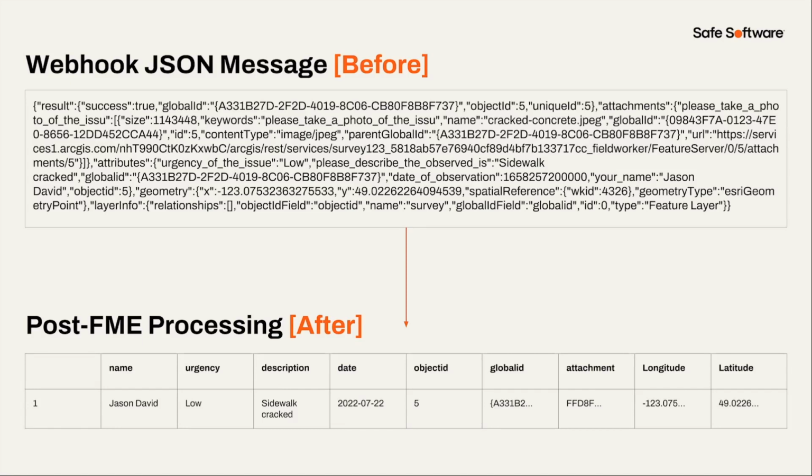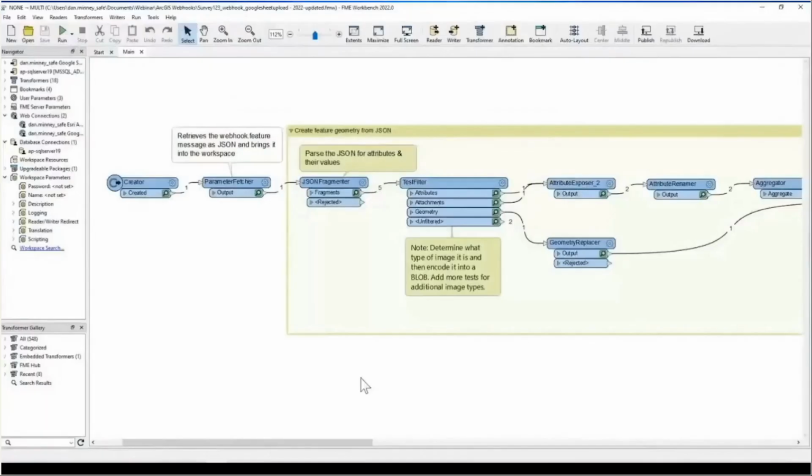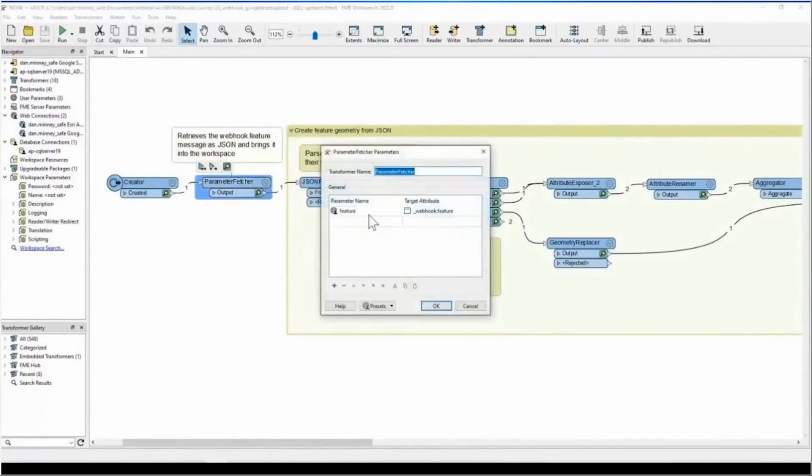So we'll move over to our workspace here to show that off. The first step in our workspace is to retrieve that message from our webhook trigger. What we've got set up here is a parameter fetcher, and within this, we're retrieving a user parameter that we've set up that will retrieve that webhook feature.